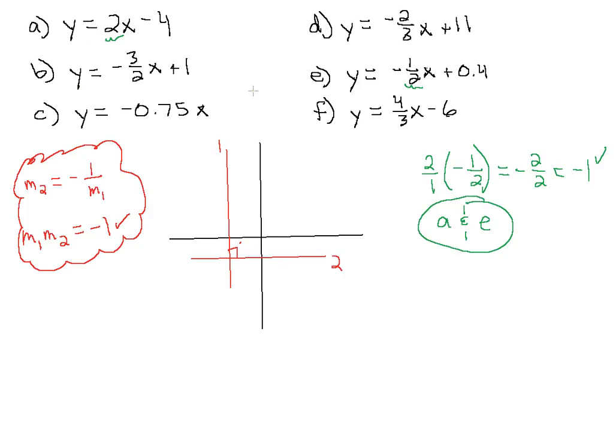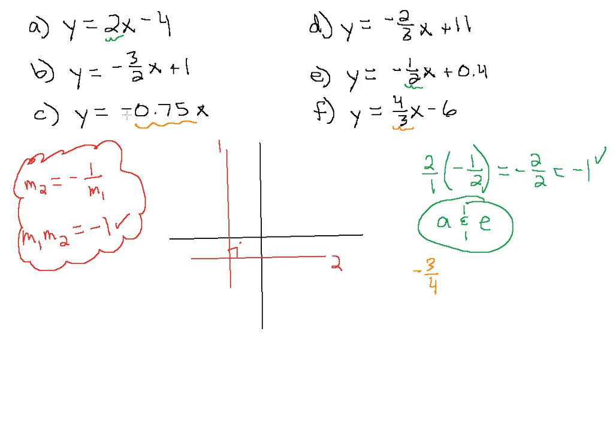Let's see if we can find another pair. Well, here I know that 0.75 is the same as 3 over 4, and here we have 4 over 3. So let's multiply these two slopes together and see if they're perpendicular. And by that, I mean if their slopes multiply to get minus 1. So let's convert 0.75 into 3 over 4.